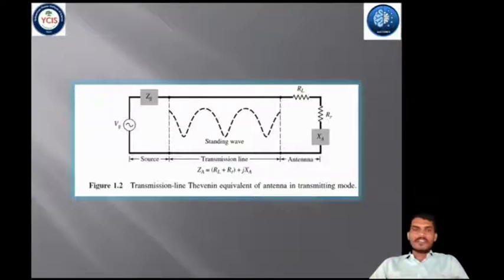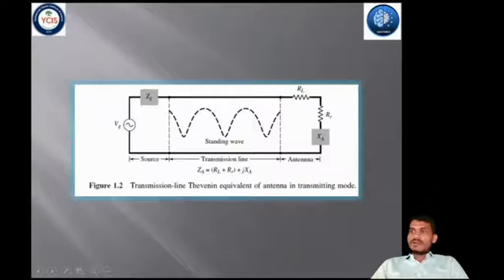Also, according to this figure, the source is represented by an ideal generator, and the transmission line is represented by a line with characteristic impedance ZC.